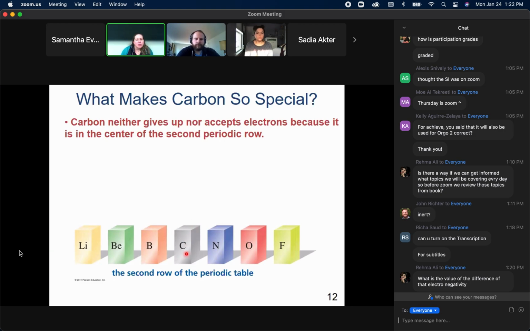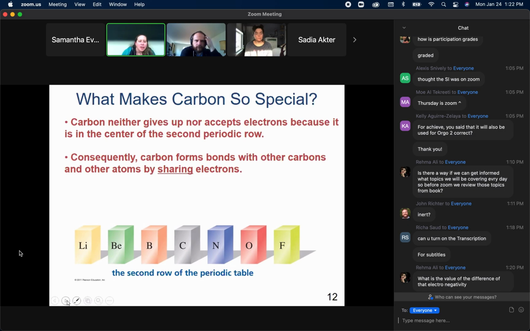So it's not really going to give up or get any in an ionic way, because it would be too far away to get to a full valence shell. So it's very amenable to making covalent bonds with other molecules. It plays well with others, right? Most of the bonds that carbon forms with other things are formed by sharing electrons in a covalent sense, either polar or non-polar, depending on what the other element is.